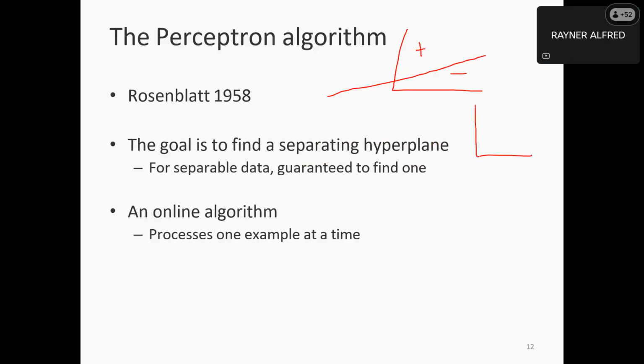If we have 3D, we are looking at a piece of paper that will separate the positive and negative. But in four dimensions, we cannot imagine it, but we assume that it follows the same concept as 2D and 3D. Okay?